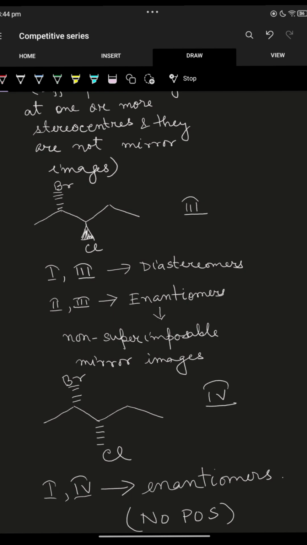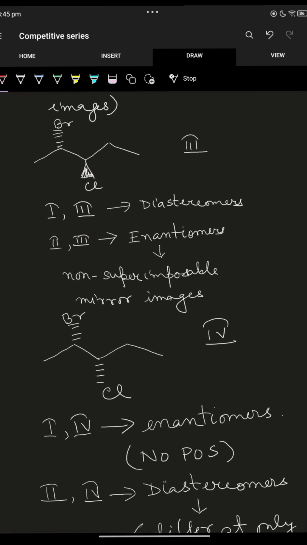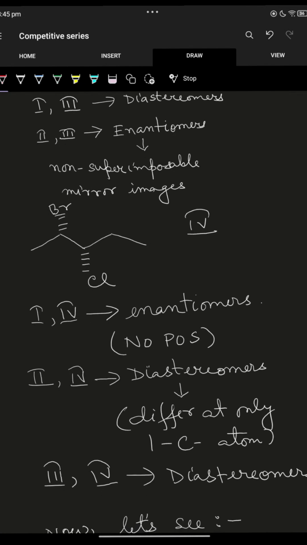Draw the fourth one where I draw both as dash bonds. Here compound 1 and compound 4 have changes in both centers 2 and 3, so compound 1 and compound 4 are enantiomers. They do not have any plane of symmetry.